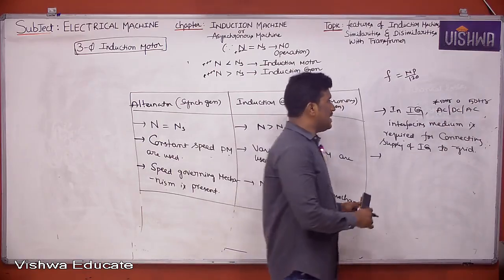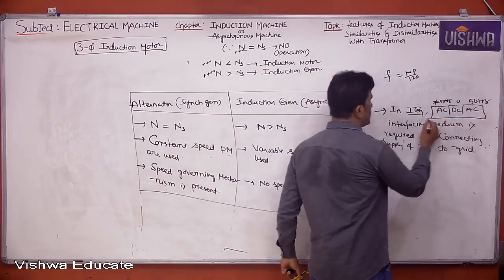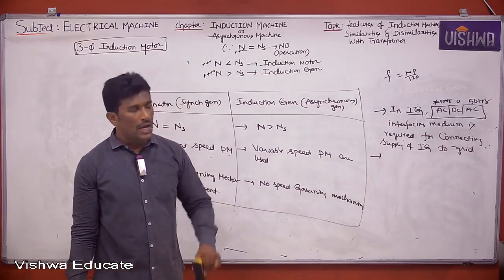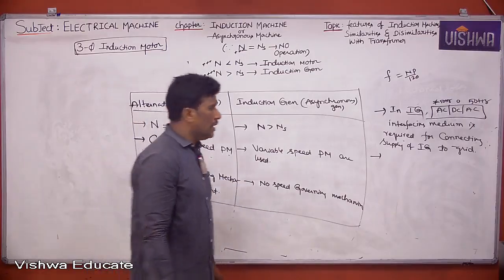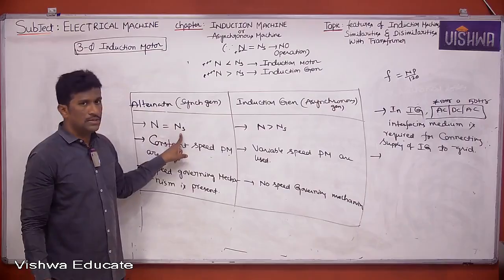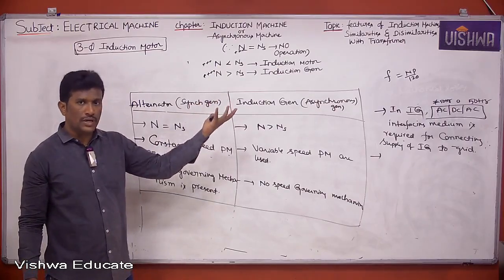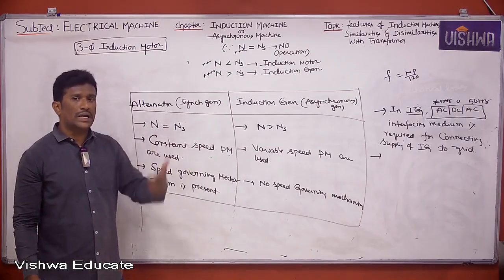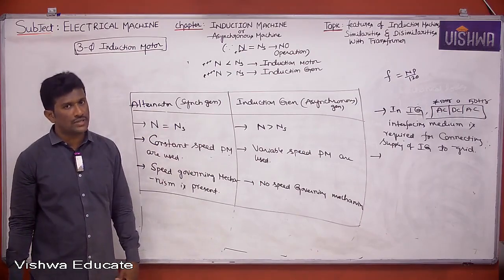That means I need an AC to DC to AC interfacing medium for connecting the supply of the induction generator to the grid. But in case of alternator, since N is always equal to Ns, we get frequency 50 Hz only. Obviously, we can directly connect the supply of the alternator to the grid. I don't want any interfacing medium there.